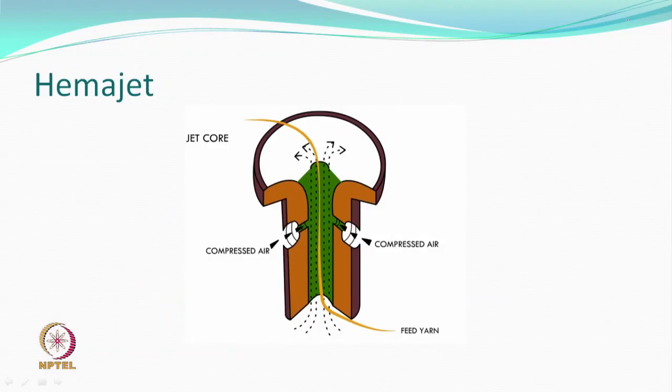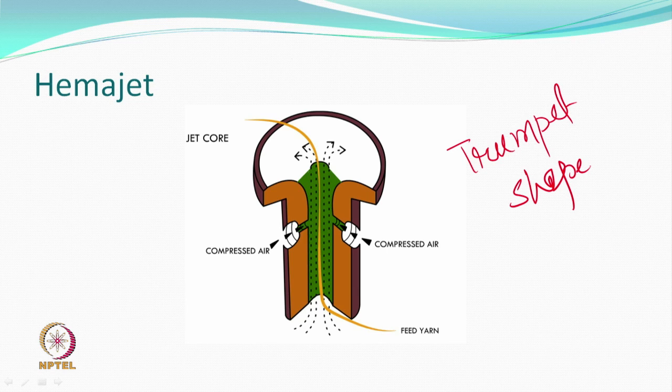So, one of the interesting jets which came into existence was called the Hema jet. A trumpet shaped exit. Air can pass not from one nozzle inside, but can go from 2 or 3.